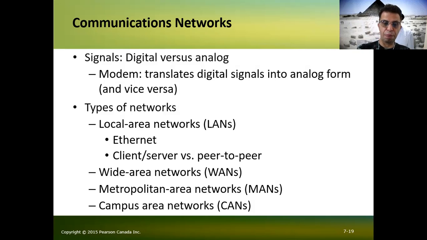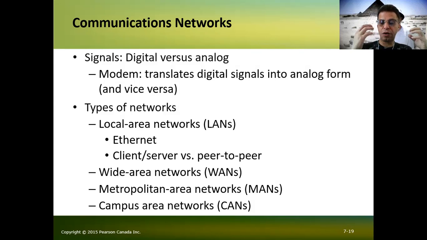The types of network we have: the LAN, which is a local area network. It's basically the Ethernet, the box that connects two PCs, and then you have the client-server or peer-to-peer connections.